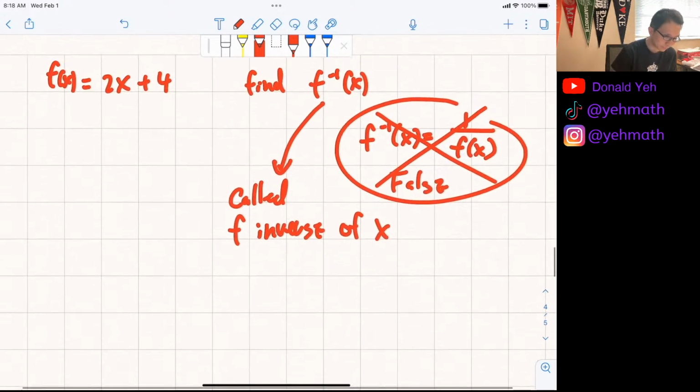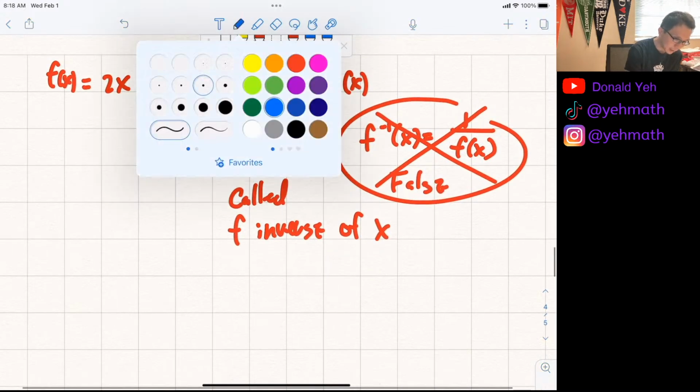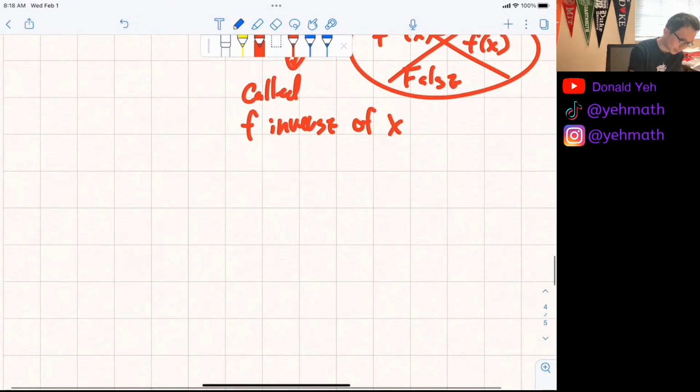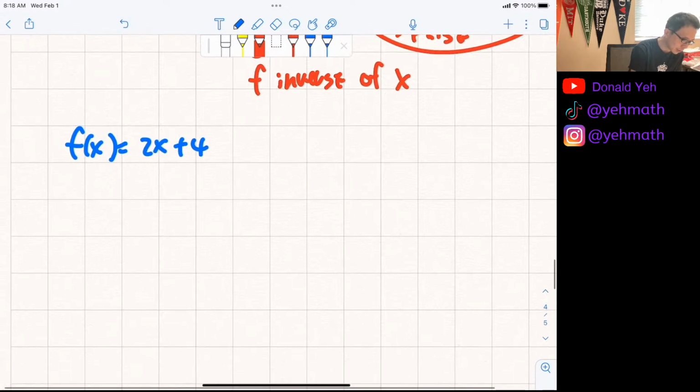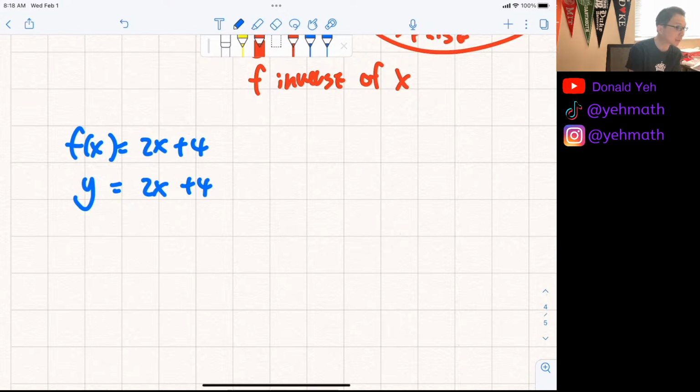Now, I'm going to start with f of x is equal to 2x plus 4, and let's find the inverse. Just like Devin says, y equal to 2x plus 4. Got it? And x equal to 2y plus 4.